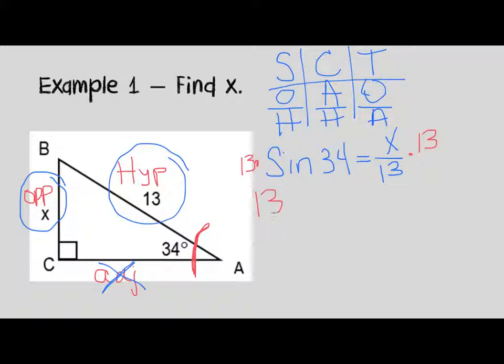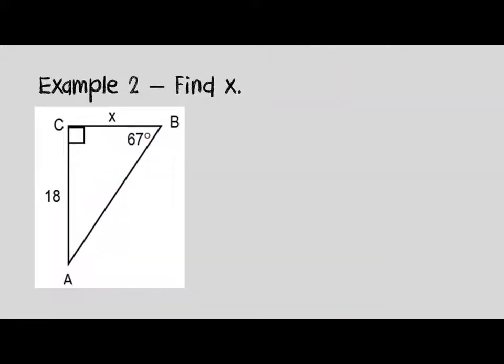So you have 13 times the sine of 34 is equal to x. If you plug that into your calculator exactly how it is, 13 sine 34, you'll get x is equal to 7.270.